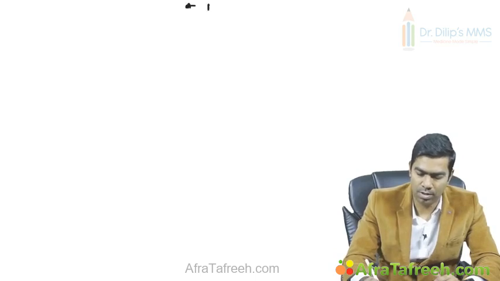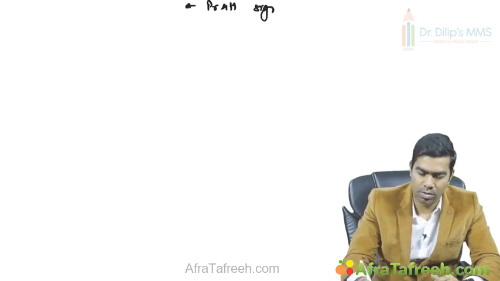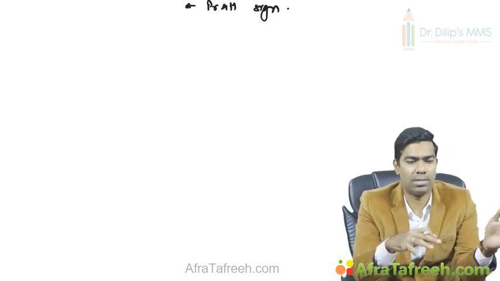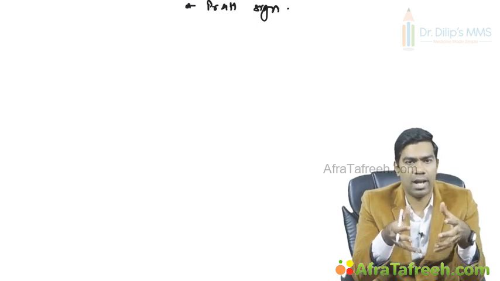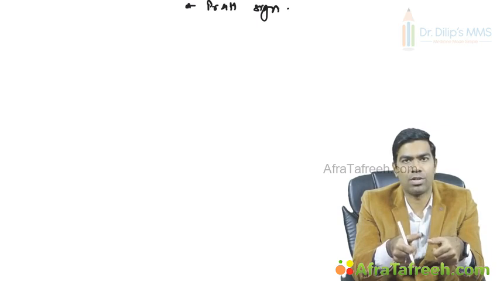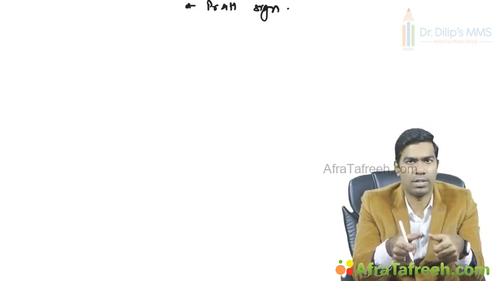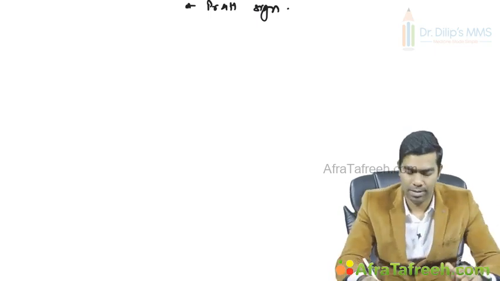Number one is your Pratt sign. So how will you do the Pratt sign? You ask the patient to be in the prone position, then take the leg and squeeze both the calves. At the same time, give pressure on the popliteal vein on the proximal aspect also, and this will create a pain, and this is what we refer to as Pratt sign.